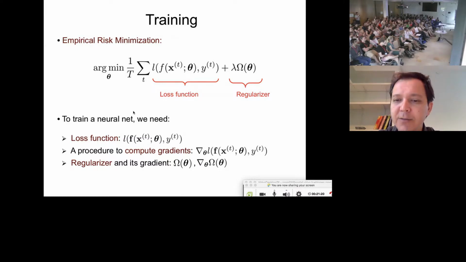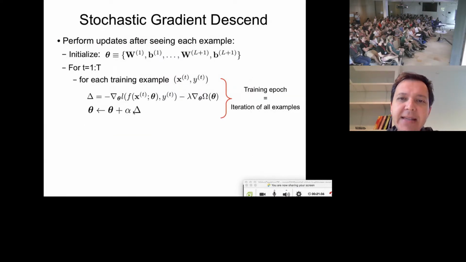So once we have the loss function, the gradients, and the regularizer and its gradients, then we can use gradient descent algorithms, right? And the basic form and the most successful form is stochastic gradient descent for training these models. You can think of stochastic gradient descent as performing updates after seeing each example, right?